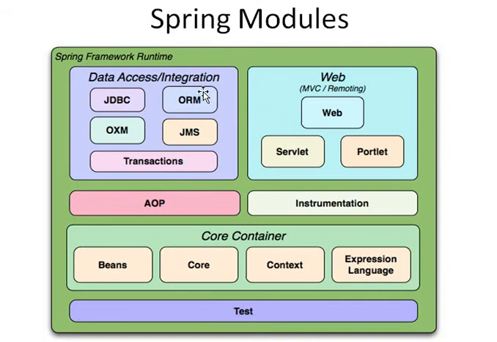We have the data access or integration layer that comprises JDBC, ORM, OXM, JMS and transaction. The ORM module that you can see here provides integration layers for object relational mapping APIs including JPA, Hibernate.